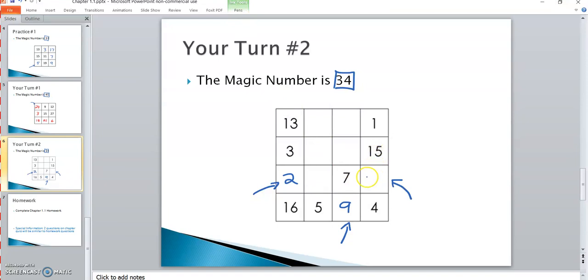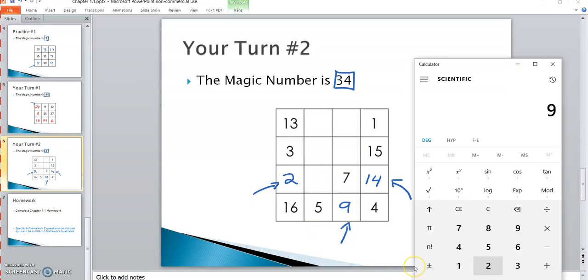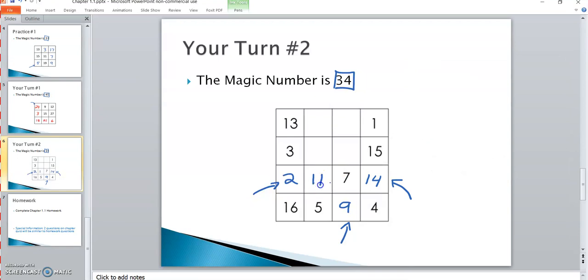Alright, so if you got 14 for this one, you are correct. And you'll notice that because I filled in this square, I only have one square left to fill out for this row. So 34 minus 2 minus 7 minus 14, and I'm left with 11.